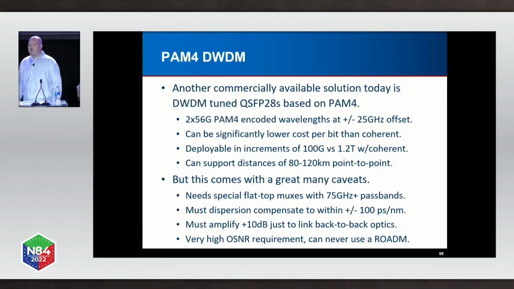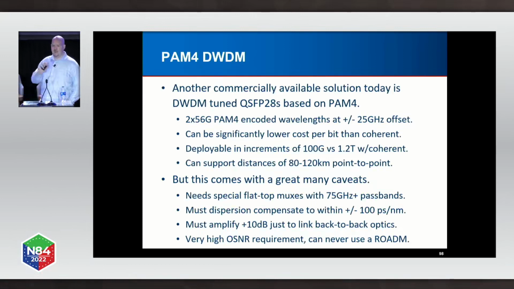So PAM4 is the underpinning of a lot of new stuff that we're at. So all of your 400 gig stuff, all of your 100 gig single lambda stuff, and there's a thing called PAM4 DWDM. And so what they did here is they took 2 28 gigabaud signals, PAM4 encoded, so there's 2 56 gig signals, and they cram them into a single thing.